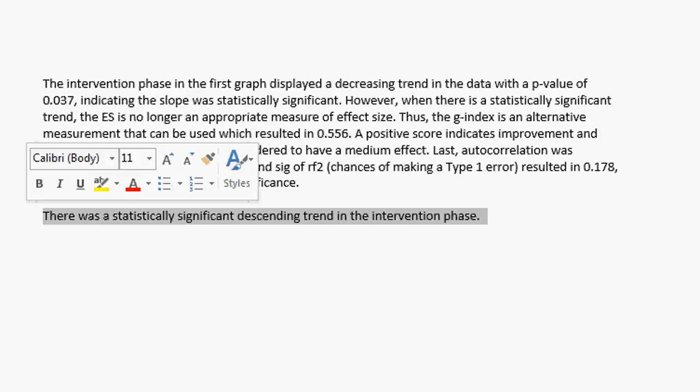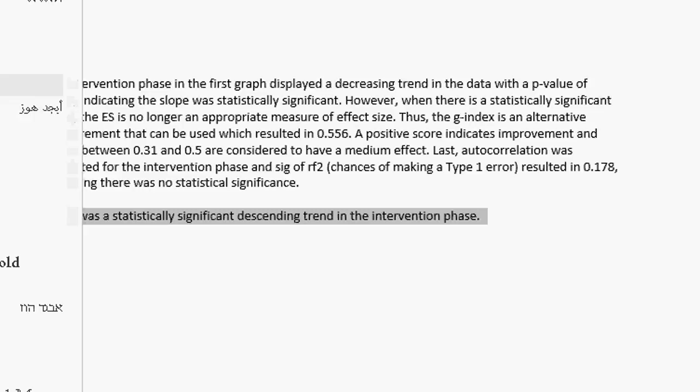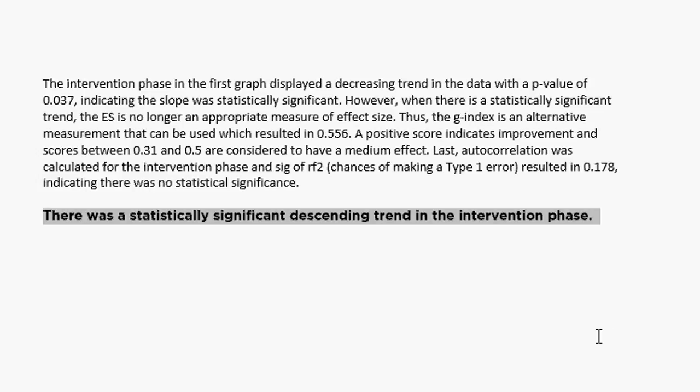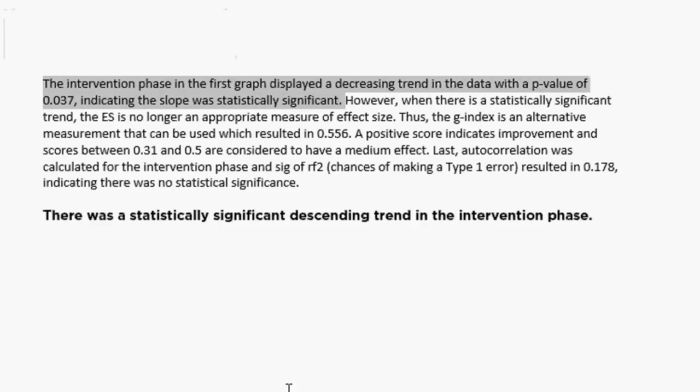And we'll set that off so that you can tell what I'm writing. So there's a statistically significant descending trend in the intervention phase. Notice how that replaces that. Okay, that's fine. So now we'll get rid of that.